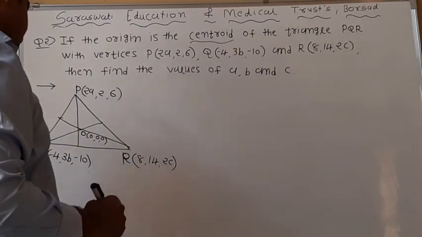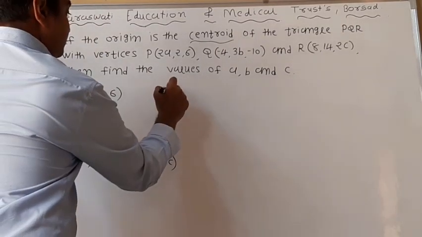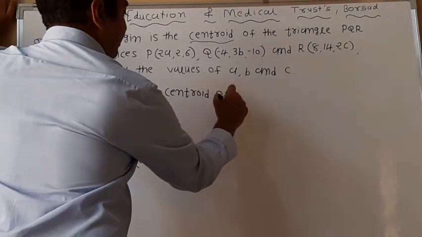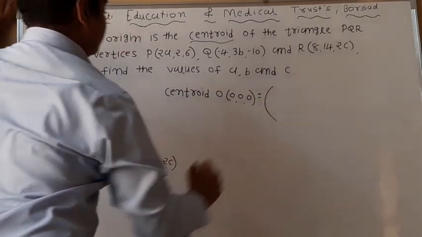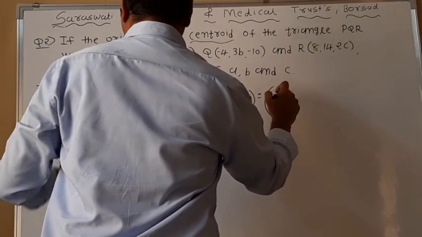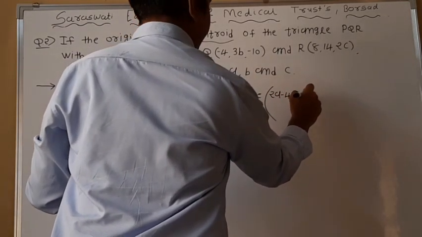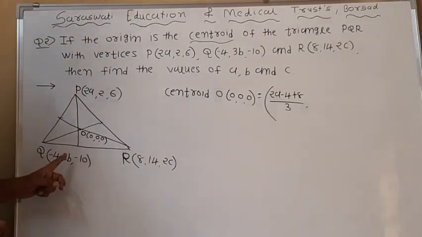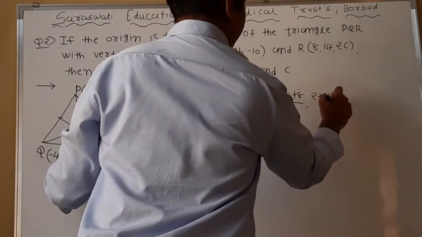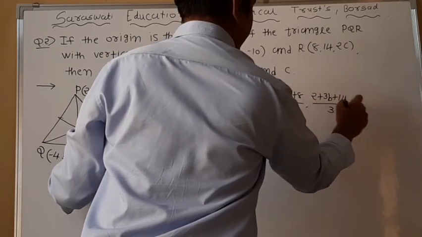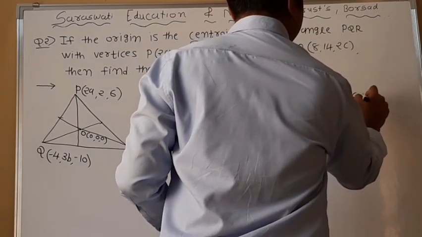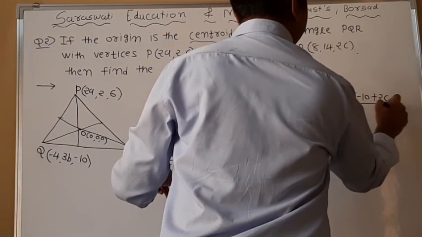So now, after the centroid, O (0, 0, 0) is equal to ((2a - 4 + 8)/3, (2 + 3b + 14)/3, (6 - 10 + 2c)/3).